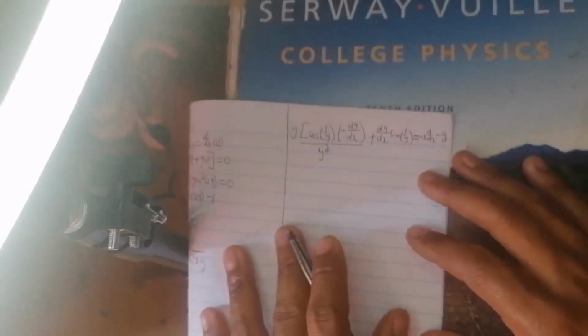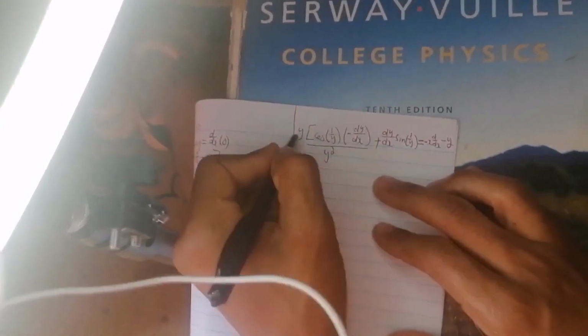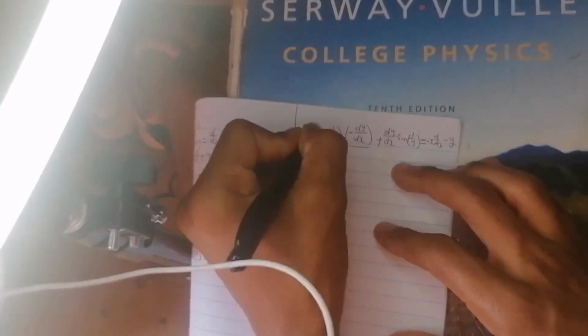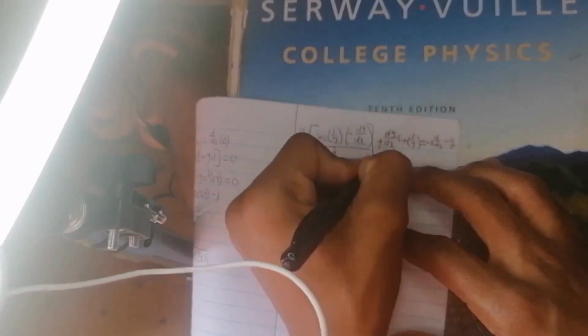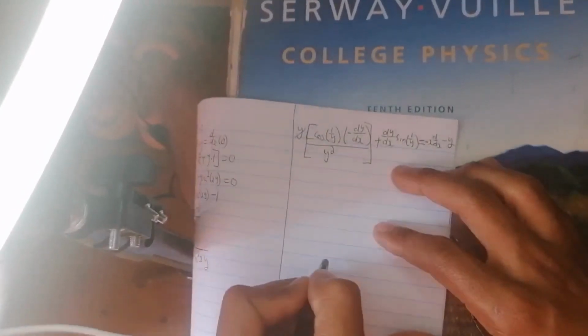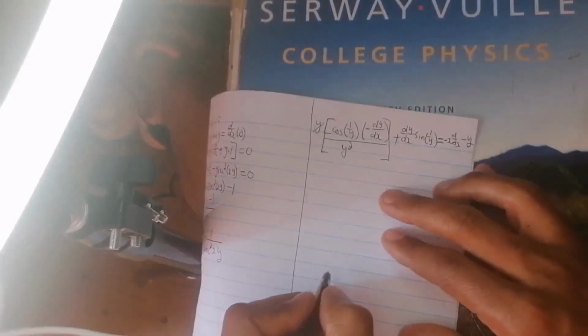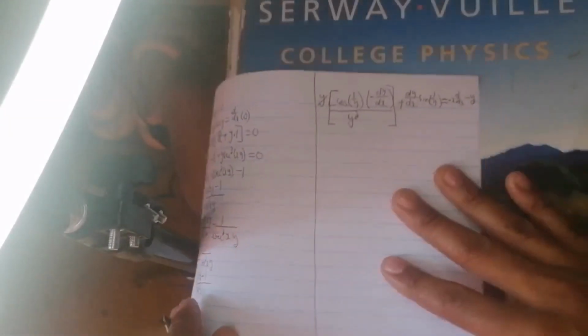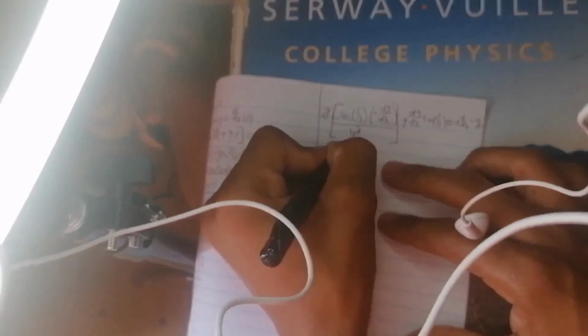Alright. And then from here, you have, remember, this is multiplication in here. 1y cancels 1y and you are left with 1y. So you will have cos 1 over y.